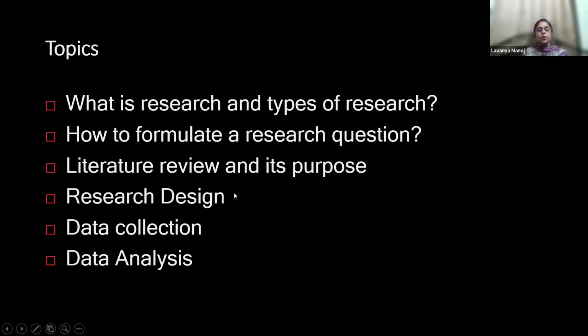Today's session is about research design, and if time permits we can have an overview of data collection and data analysis.